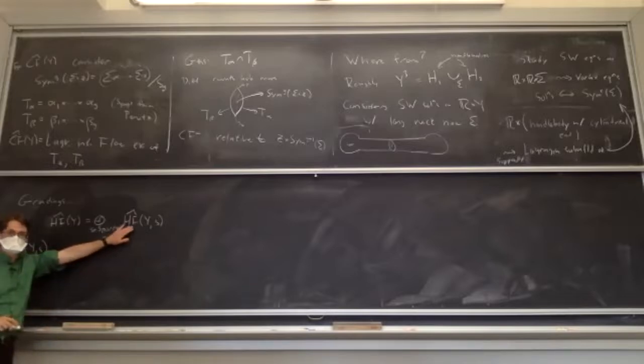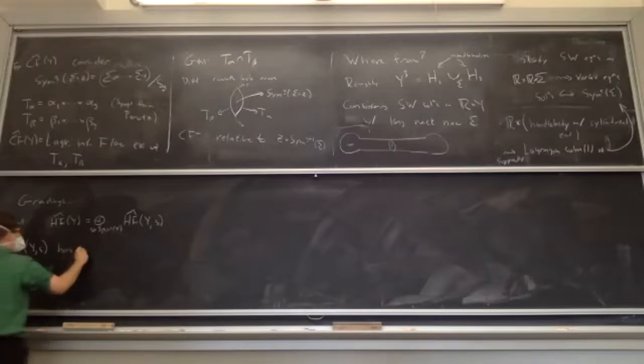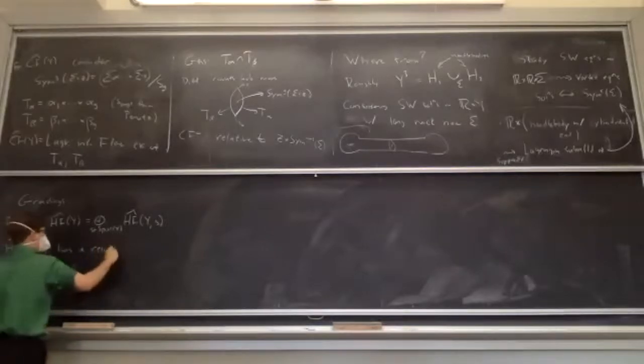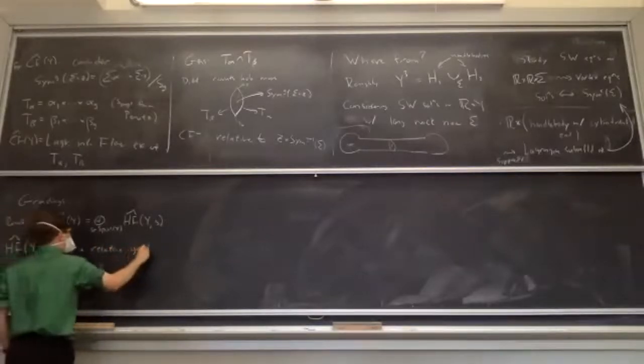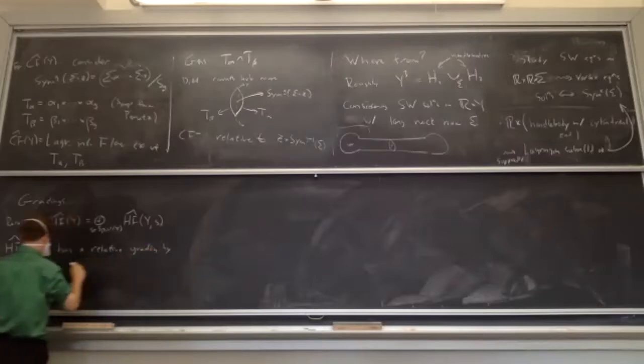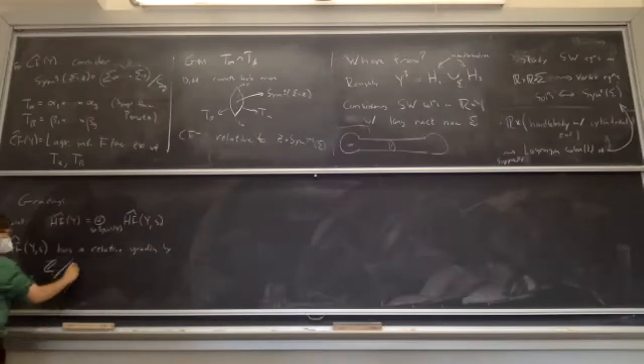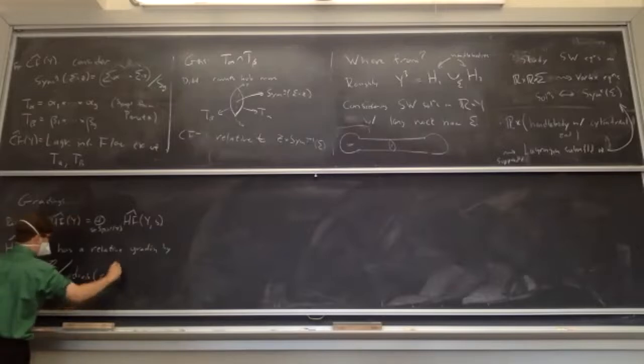So for a particular given spin C structure, it has a relative grading by Z mod the divisibility of c1 of S.